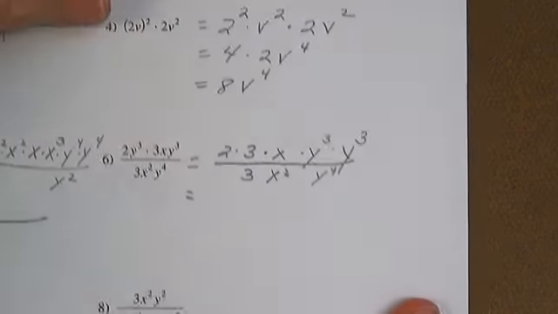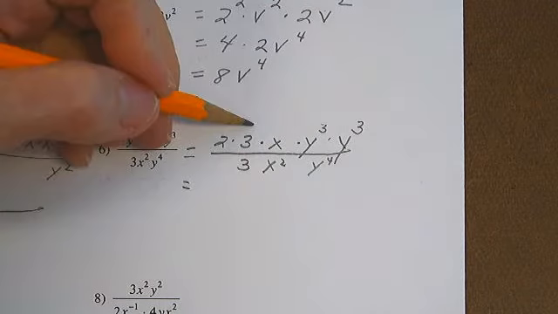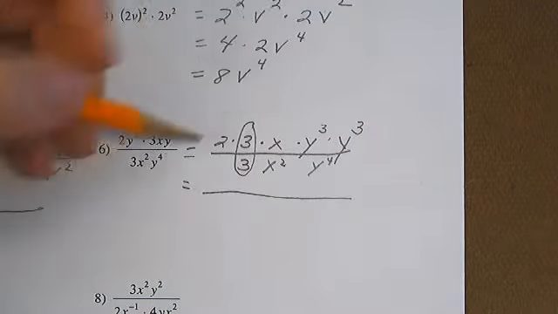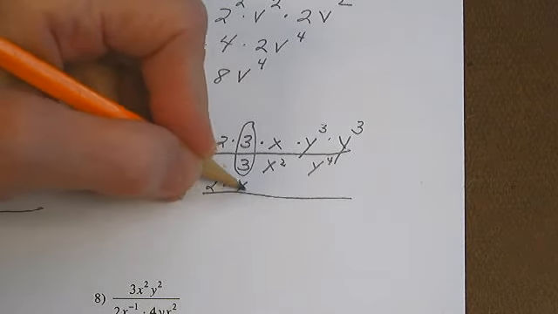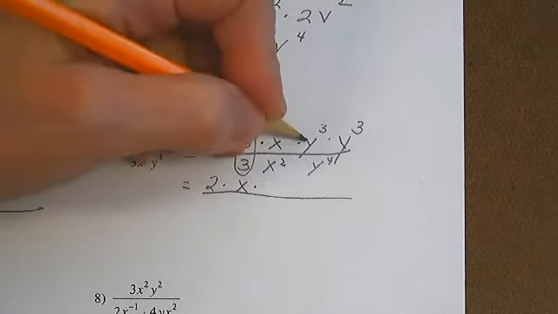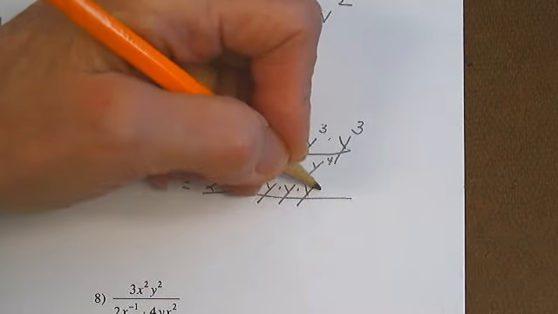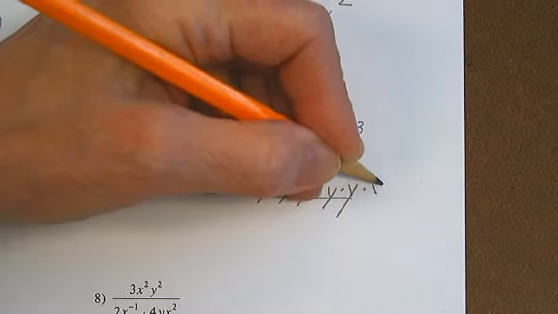I think I'm going to expand some terms. 3 divided by 3 is 1. So my numerator right now is 2 times x times y times y times y times y times y times y.